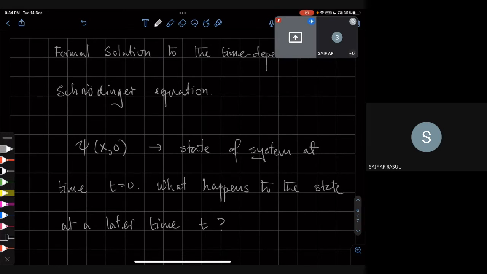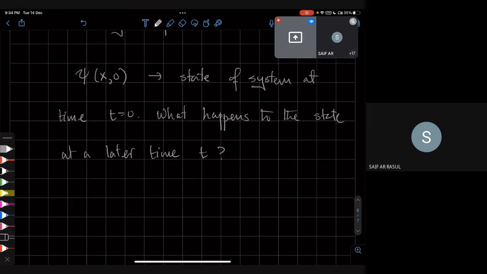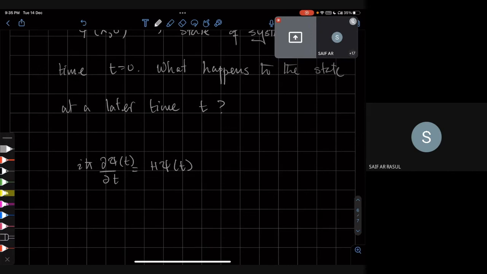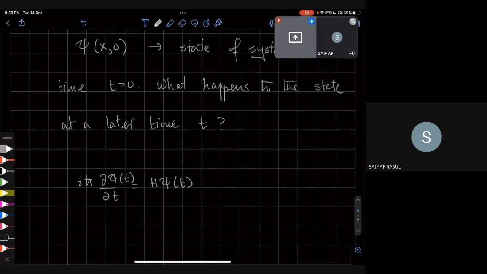So let's write this again. Now the Schrödinger equation, let me just suppress the x dependence. So this is the equation of time t. And we just know that at time t0, psi becomes this.